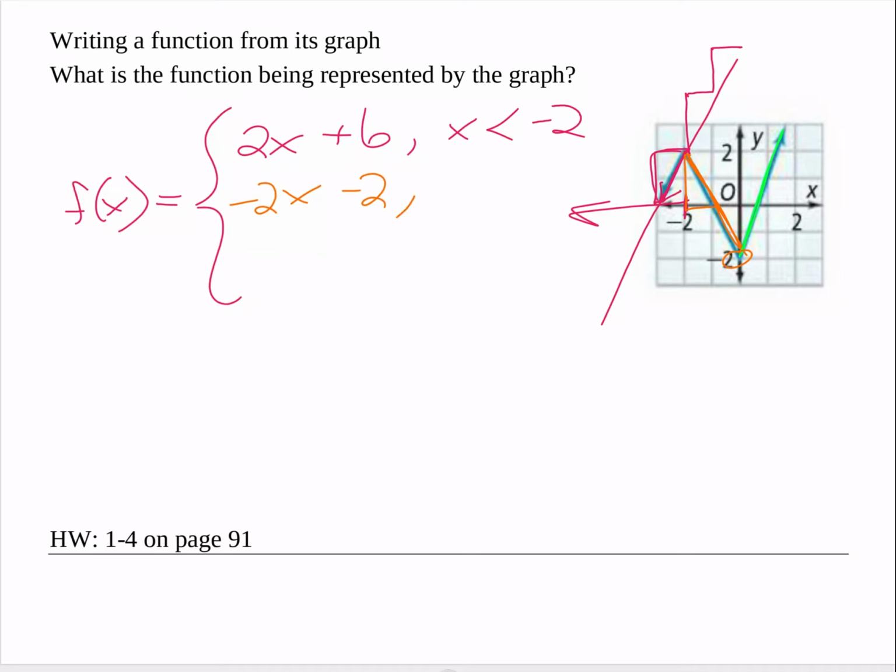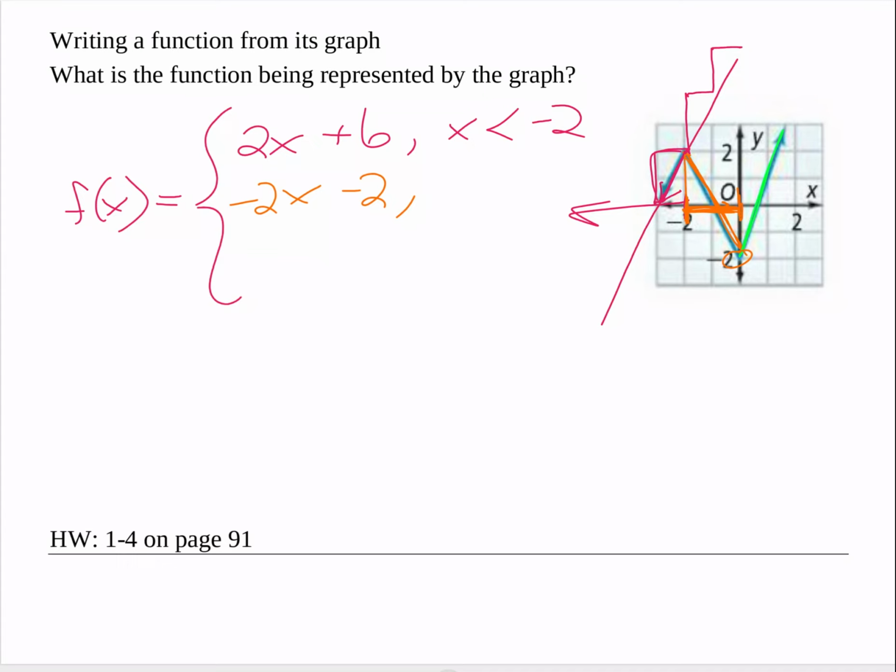Okay? Now, where is this piece alive? It's greater than or equal to -2. It definitely started at -2 and went this way. Forever? No, it stopped. And then it stopped at what x coordinate? 0. It stops here. So it's only alive between -2 and 0.